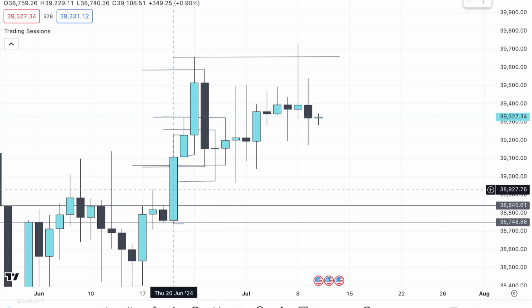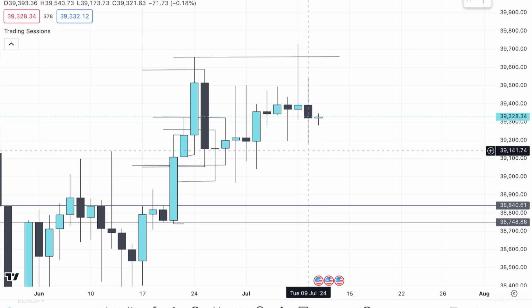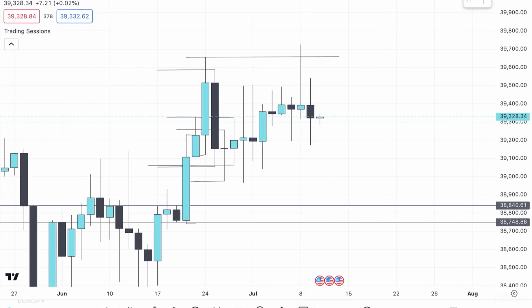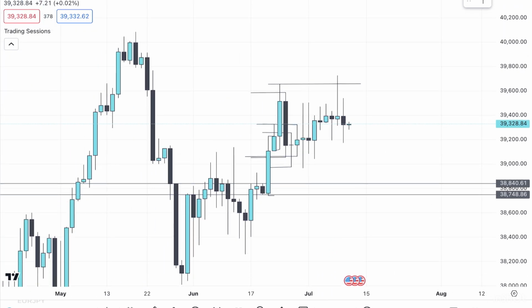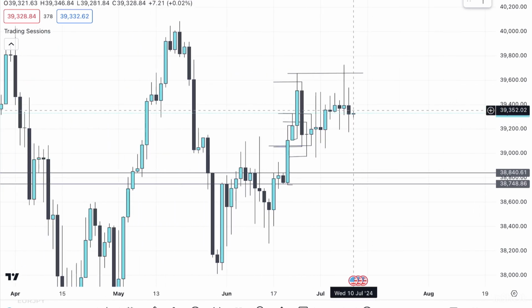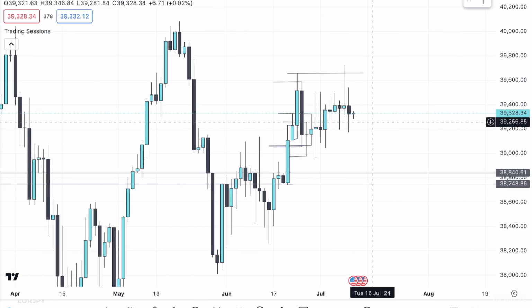It can be called an imbalance or a fair value gap. You want to see the market drop into it and eventually come into this order block and then push up like that. So now for today, like I said, our main aim is to see whether this market will take out this high or take out this low.